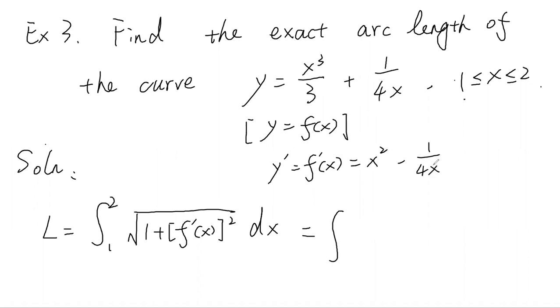It's equal to x squared minus 1 over 4x squared. So the integral becomes the integration of the square root of 1 plus (x squared minus 1 over 4x squared) squared, the whole thing under the square root, dx from 1 to 2.